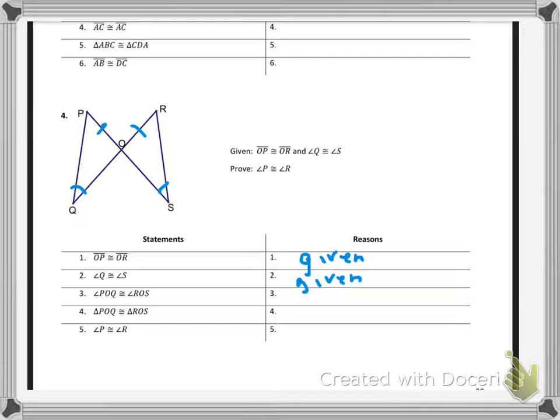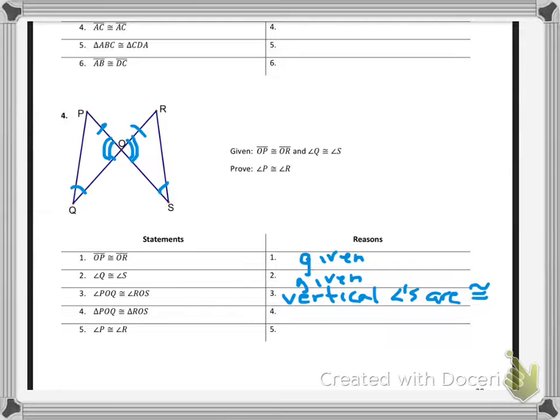All right, next up, we can say that POQ, that's this angle right here, is congruent to ROS. That's this angle right here. We know that because they are vertical angles. They're right across from each other on the intersection. And vertical angles are congruent.